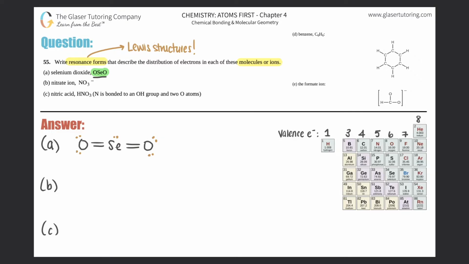Now let's talk about the resonance forms of this structure. Resonance forms basically just means that you can have different structures drawing-wise, but they have the same amount of total electrons. All you're doing is distributing electrons, but you're not violating any laws.